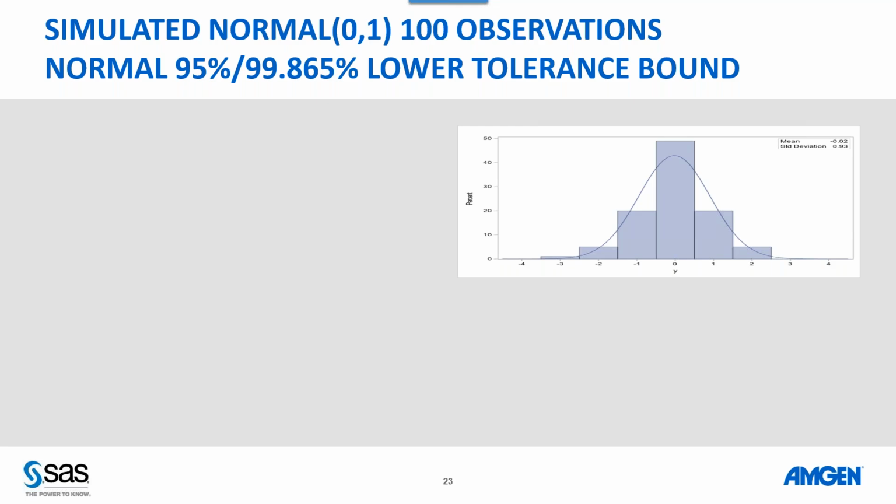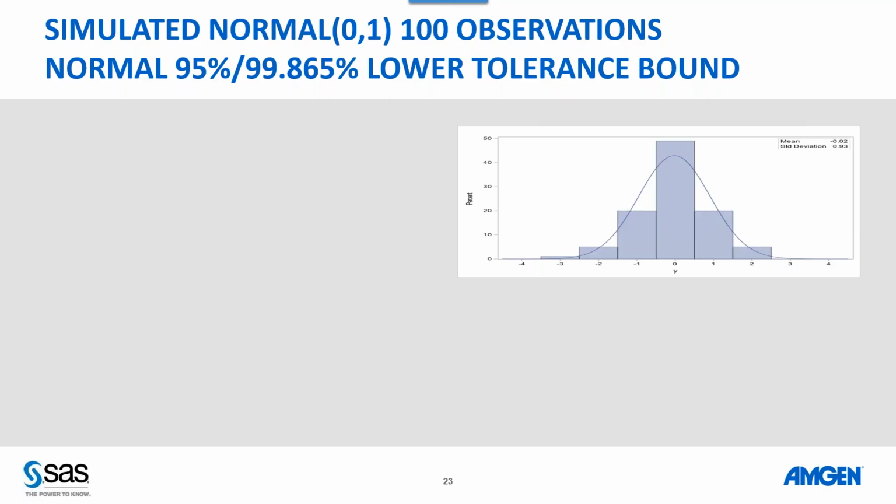But some of you may realize that 99.865 is a 3 sigma equivalent bound. If you have an upper bound for a normal distribution, then 99.865% of the distribution will be below that number, or if you have a lower bound, will be above that. That's a common coverage that we use in industry, as I say, a 3 sigma equivalent bound.